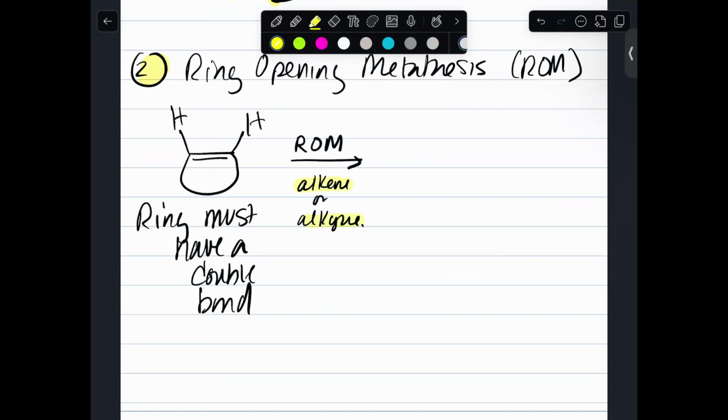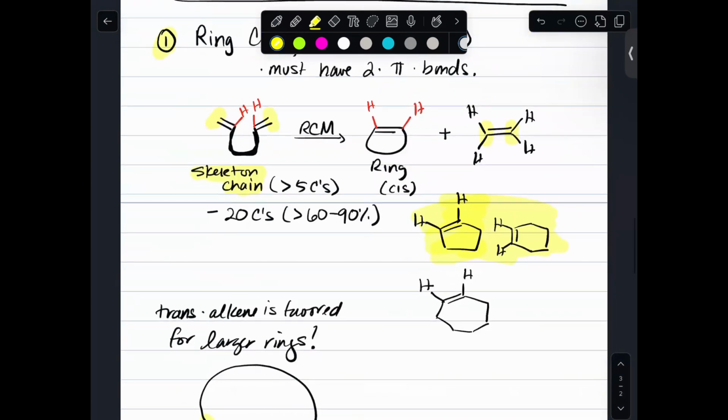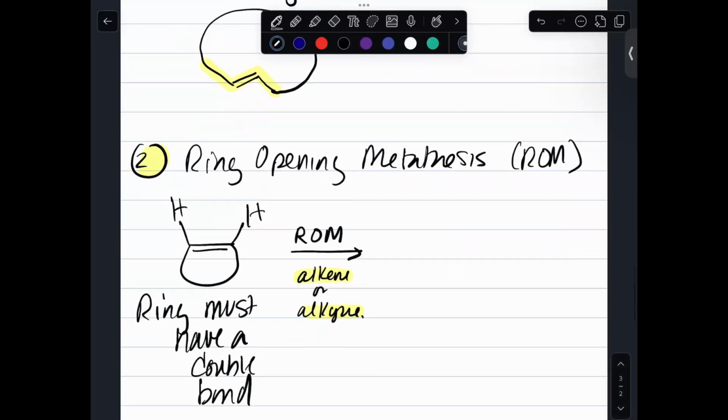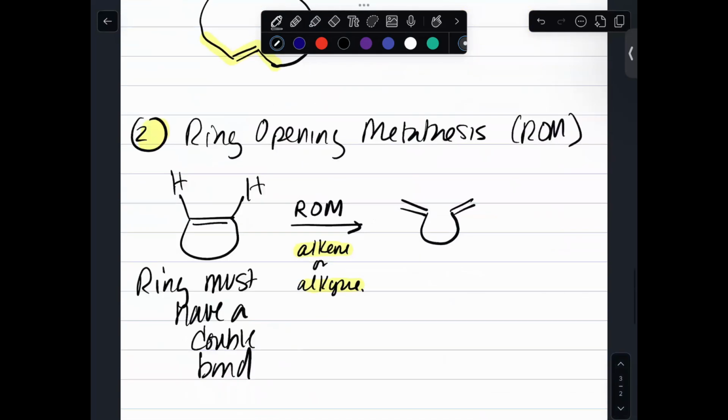That pi system is incredibly important, which makes sense because it's just the opposite of ring closing. So if I make a pi system, I have to now have it as my starting material. And I open up the ring. So my starting material is now my product. Okay. We'll talk about all of this.